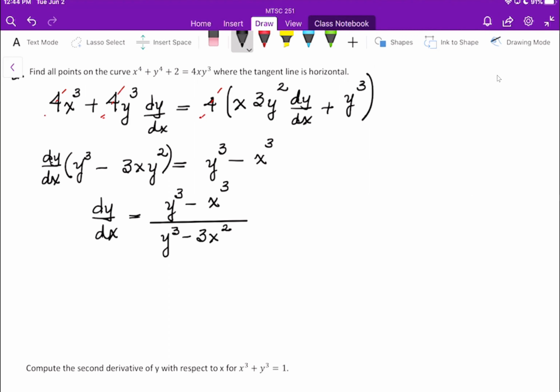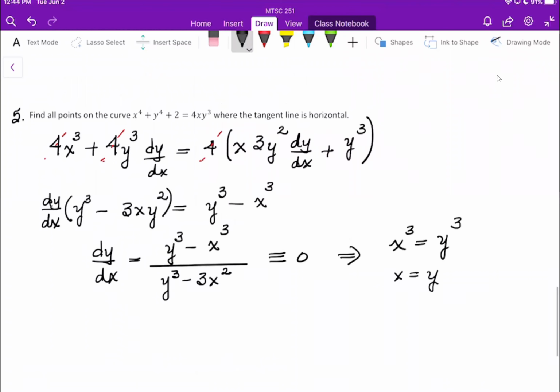And so when that's the derivative, if we set that equal to 0, then that implies that x cubed is y cubed, or in our case, x is going to equal y. So therefore, if x equals y, we want to plug that back into our original equation.